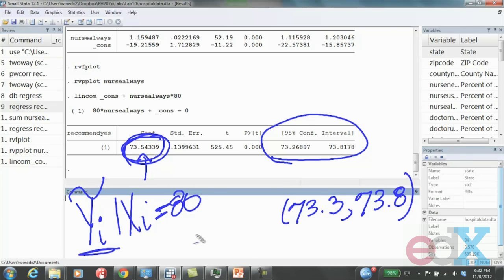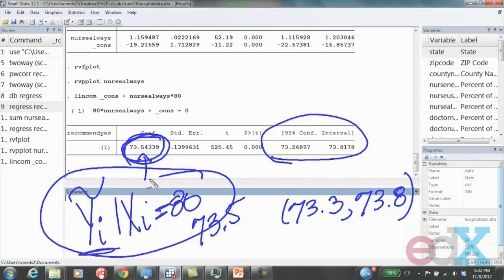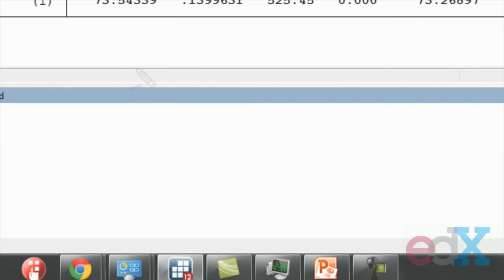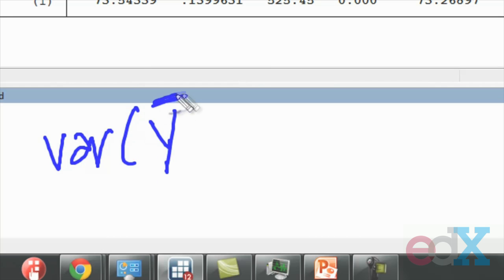So my best guesstimate for this prediction for the new hospital would again be that 73.5% of the patients would always recommend that hospital. But the most important thing is now, I want some measure of uncertainty associated with that prediction. What's a plausible range, a 95% confidence interval for this prediction? And we saw in class this week that to get that prediction, essentially what we have to do is look at the variance of the mean of yi, so the mean when x is equal to 80.